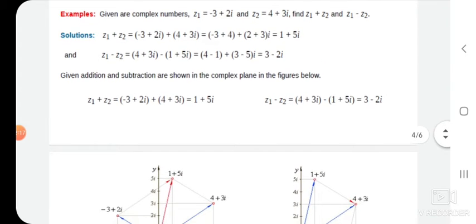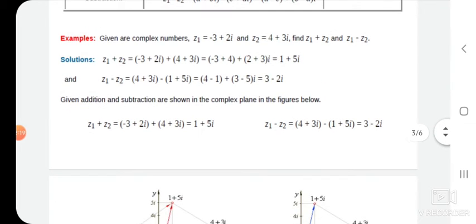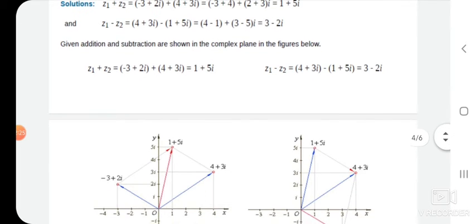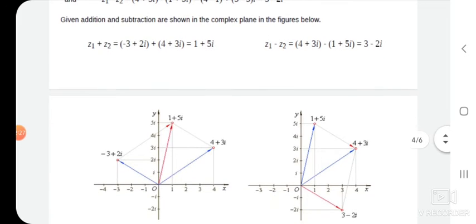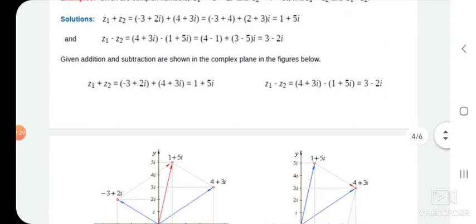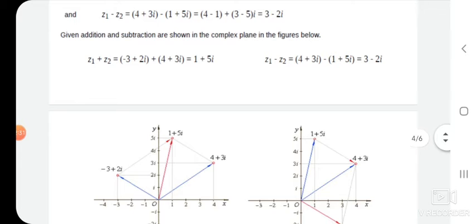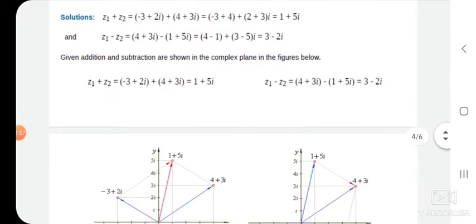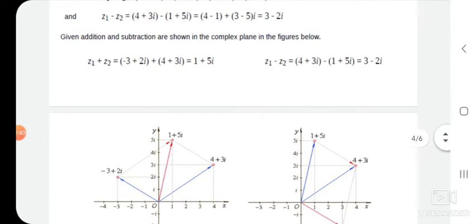Now, the addition and subtraction of these complex numbers is shown in the following figure. Z1 is equal to minus 3 plus 2i, which is present in the second quadrant, and z2 is equal to 4 plus 3i, which is in the first quadrant.